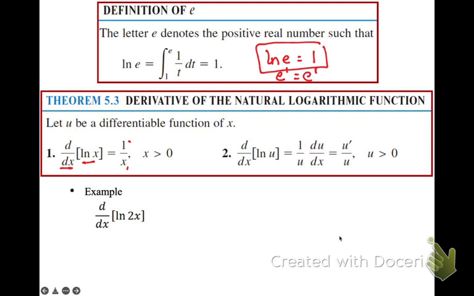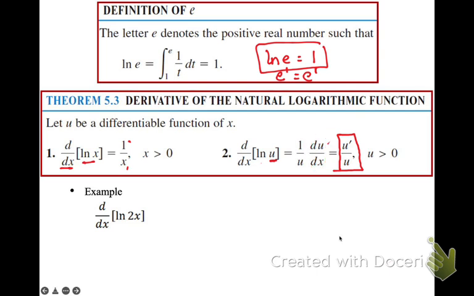But we could use the more versatile one that actually means something: the derivative of the natural log of u, meaning anything. Remember, we substituted u in for something. It is 1 over u times du dx, so that means the derivative of u over u.